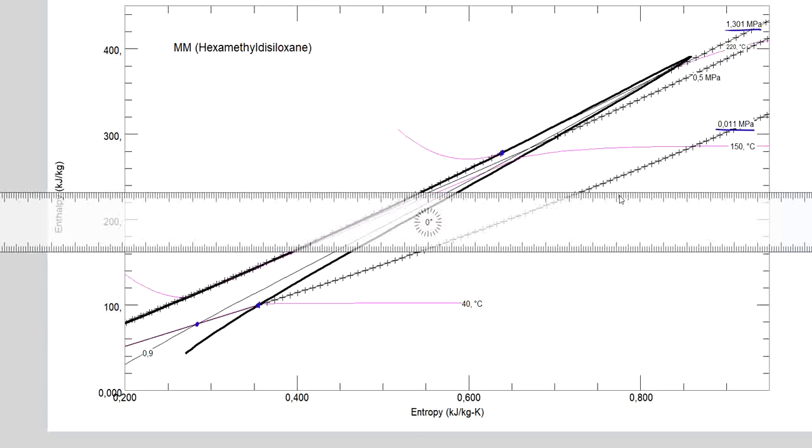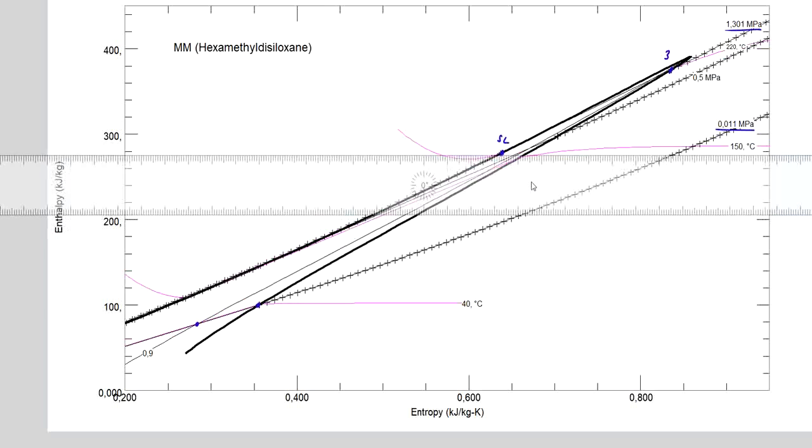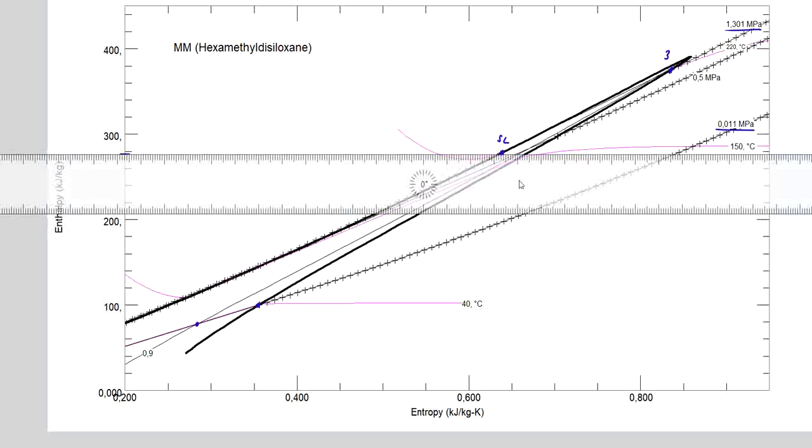Temperature of 220 degrees C, pressure 1.3 megapascals, and in the wet steam it goes from the point approximately over here, where is the point 3, to the point saturated liquid in here. So like this we would get the enthalpy, where the precise value is 278.4.